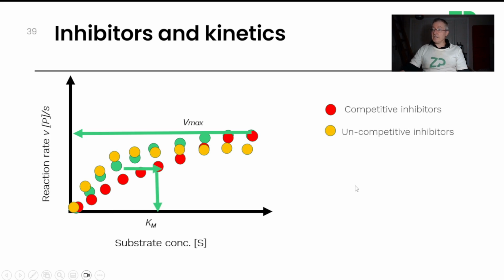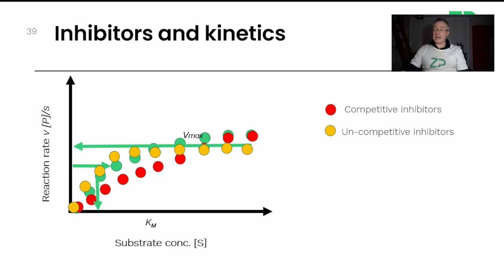If you've got uncompetitive inhibition, you can end up decreasing the Vmax and also decreasing the Km. So if you find that the Vmax of your biosensor system is decreasing and the Km is decreasing, then you could be in an uncompetitive inhibition state. You can also find the same with non-competitive inhibition, which may end up with a lower Vmax and a lower Km.